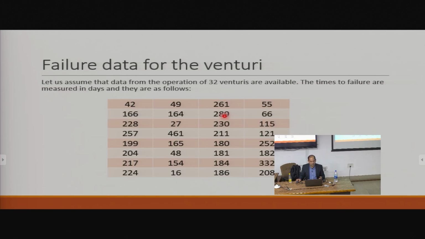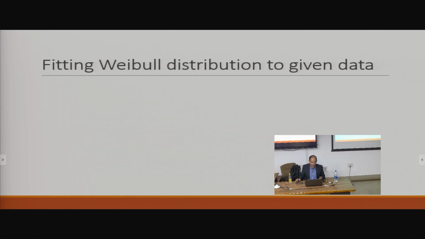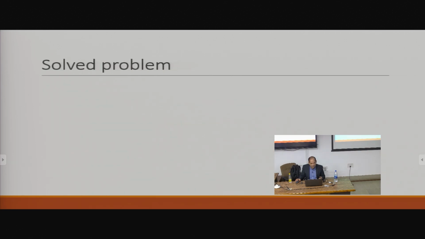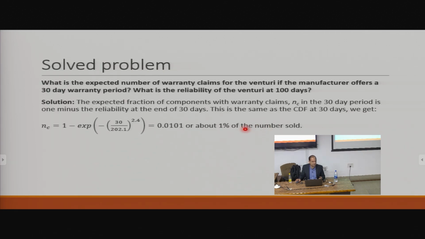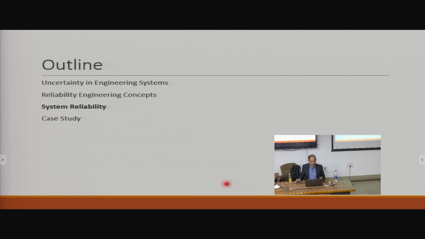But when you fit a distribution, it looks at the entire shape of the distribution and finds a much better number. So the number we found was 1%. We expect about 1% to fail before 30 days. And then reliability at 100 days is 83%, which means 83% are expected to be working at 100 days, and about 16.8% should have failed by 100 days.